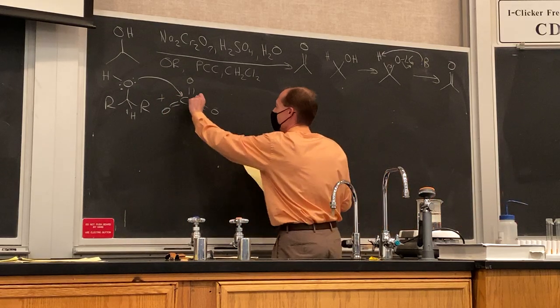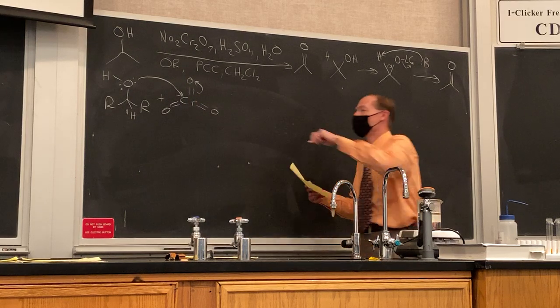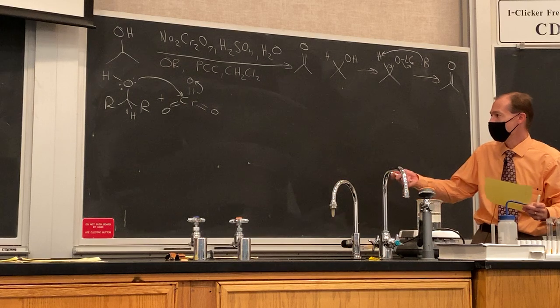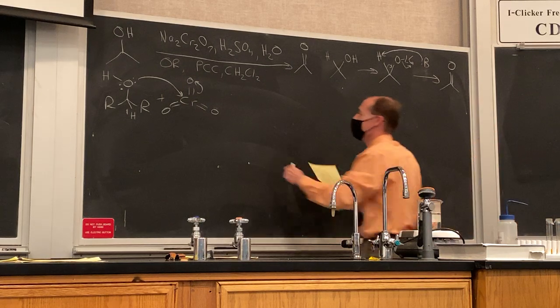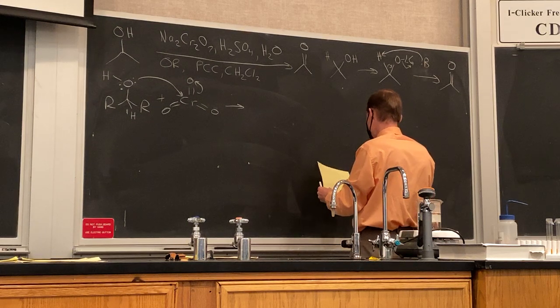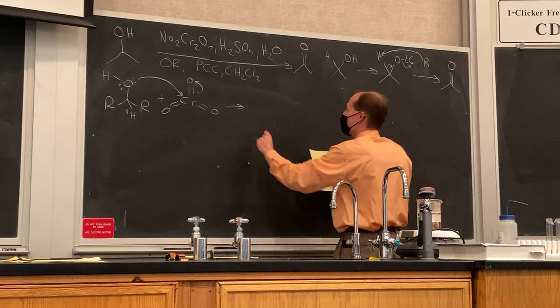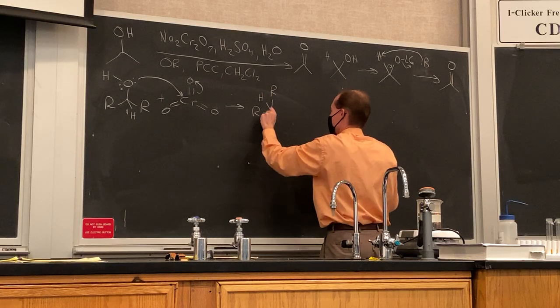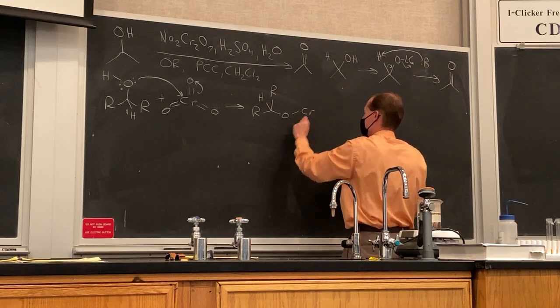And as we do so, we can break one of the chromium oxygen pi bonds and push those electrons up onto the oxygen. Okay, so that's going to give us a species that looks like this.